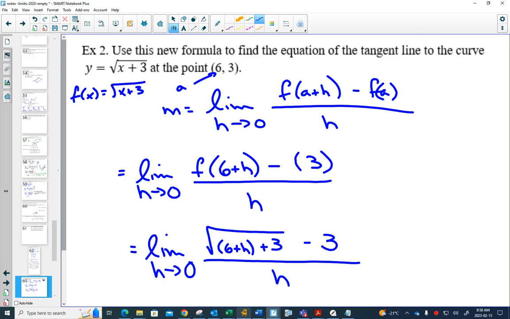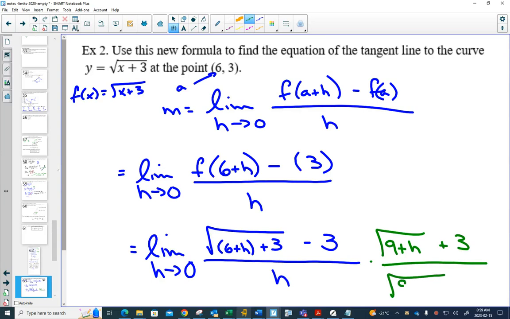So we have to use our limit skills. I hope in this one you can see that this is the place with the square root. You'd multiply by the conjugate, use your skill with difference of squares. Inside here, this would be 9 plus h, and then I would go by plus 3, and on the bottom, same thing.